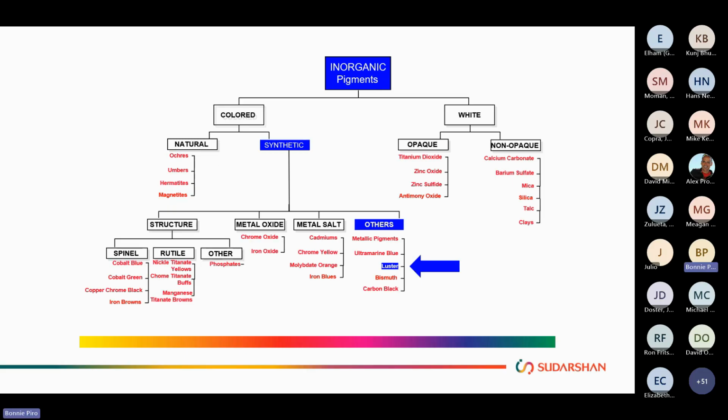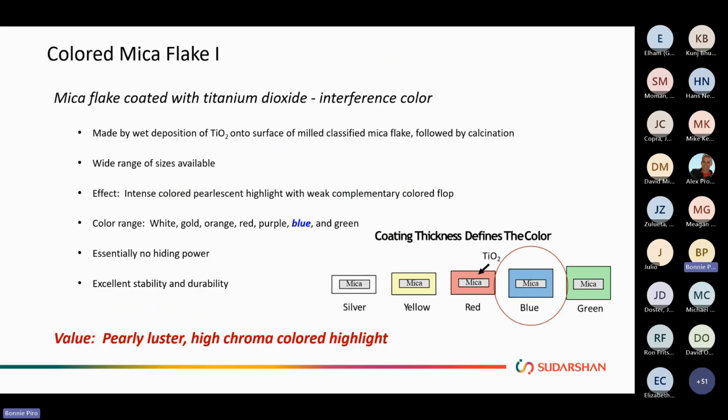And lastly, in the inorganic space, is the mica or luster pigments. There are two types. We have those that are the interference colors, or coated with TiO2. You might know them as the iridescence. In this space, there is a blue.